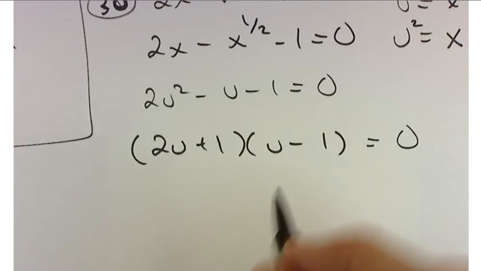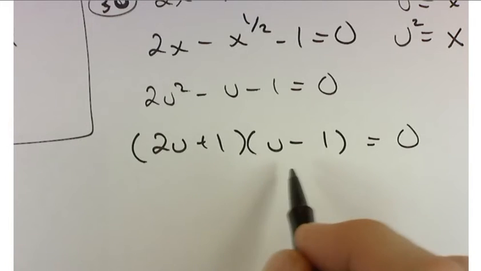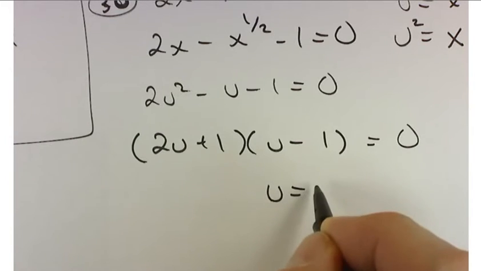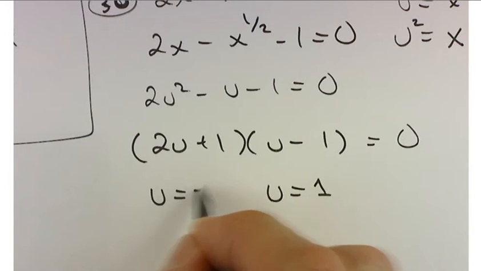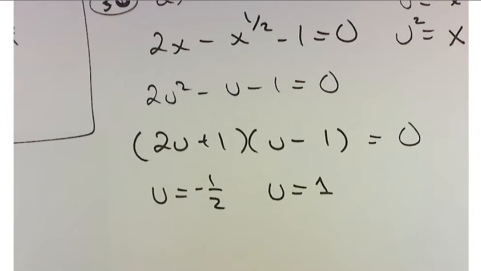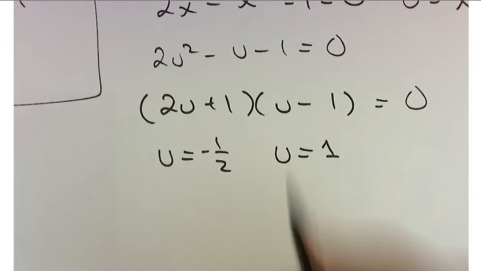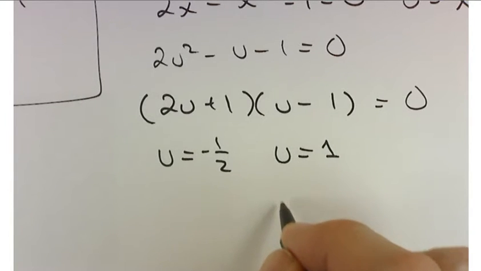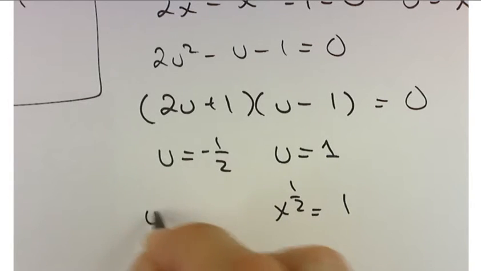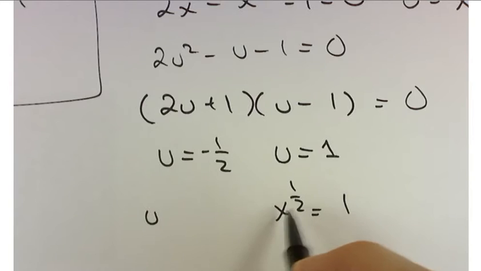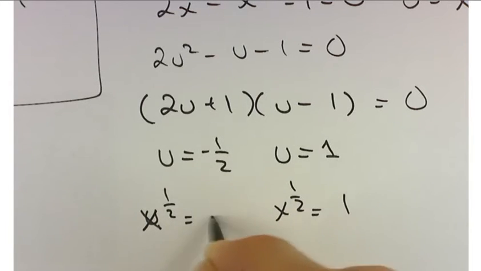What are my solutions here? Mark, can you read at least one of them off? Good. u equals 1 and u equals negative 1/2. So let's go back now, and thanks, Mark. x to the 1/2 equals 1, or x to the 1/2 equals negative 1/2.